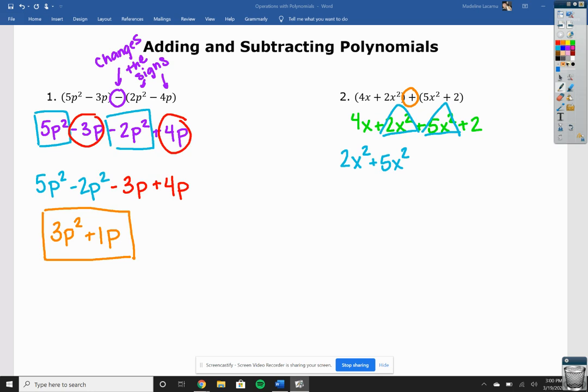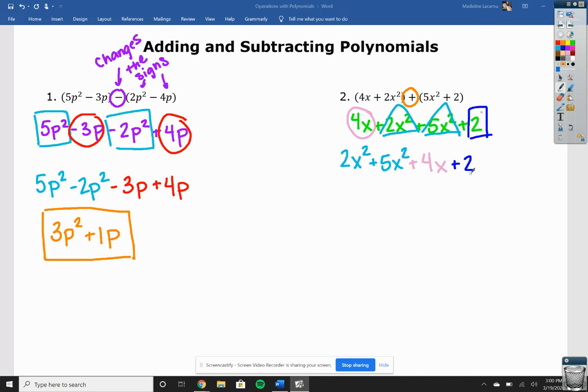And then my other one I have is 4x. And notice nothing else matches that 4x, so I'm just going to write 4x by itself. It doesn't have to have a like term. And then we have 2. So 2 is a constant. That's the only constant we have. So I'm just going to rewrite plus 2.